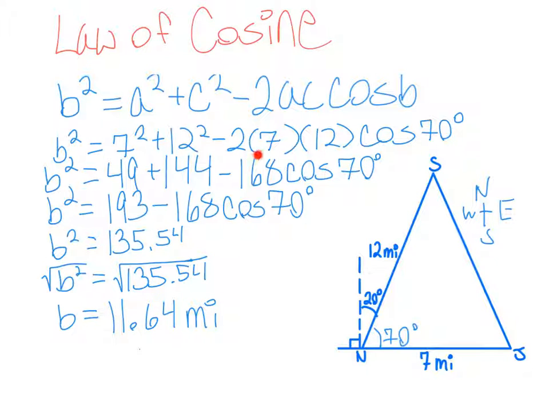Then we plug in the cosine of B, which is 70 degrees. We're trying to find b, which in this case is the length from Jared's house to the steakhouse. If we solve this through, square both of these, multiply this through, and then square root both sides, we end up with 11.64 miles.